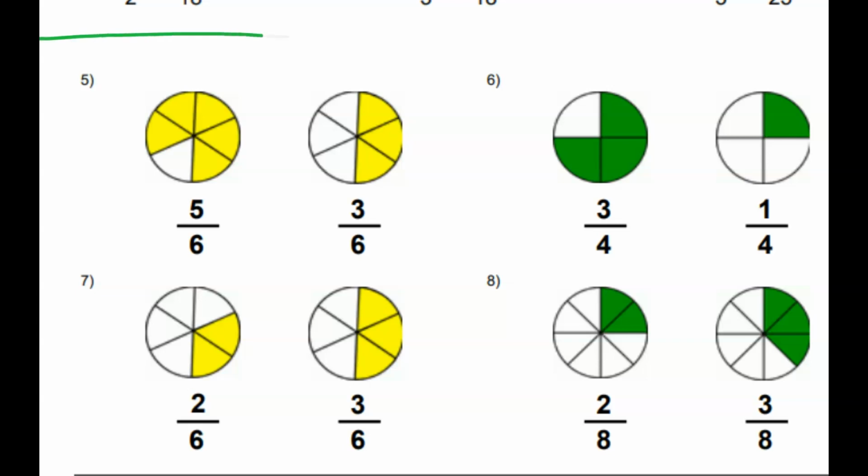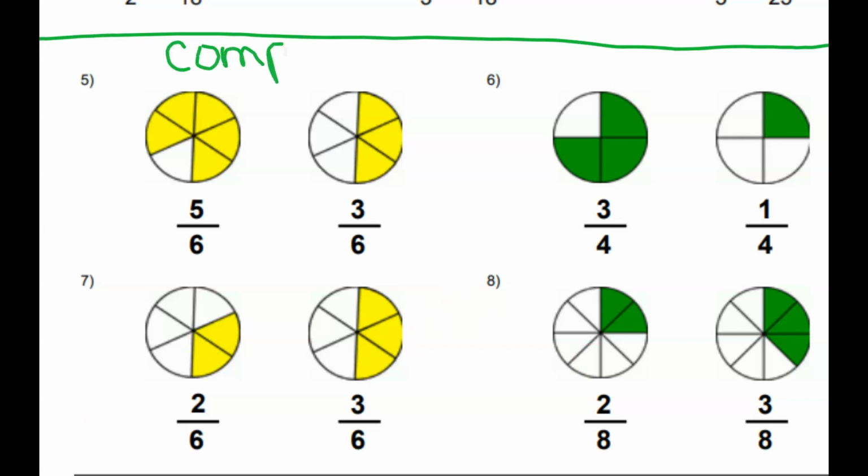So we just practiced equivalent fractions. At the bottom, we will be comparing, using greater than, less than, or equal to. Now the pictures will help us, but we are going to use the butterfly method to help us figure out which one is larger.